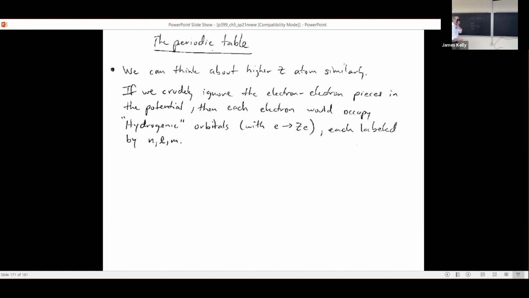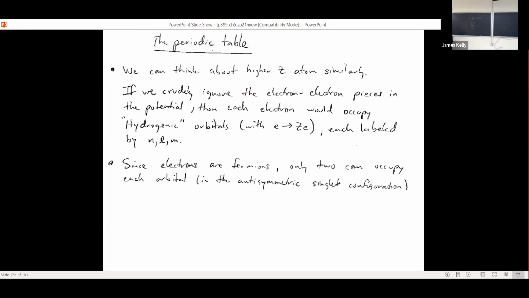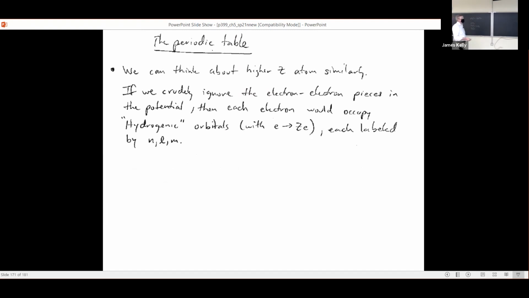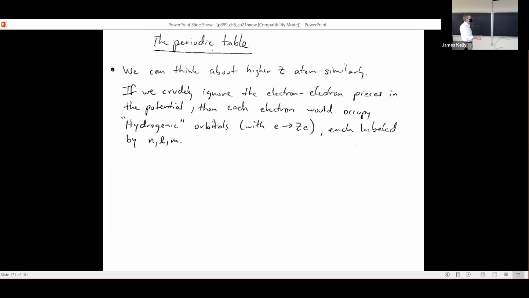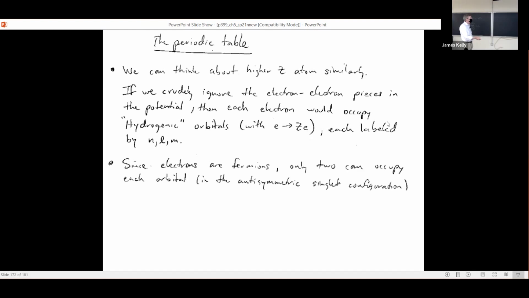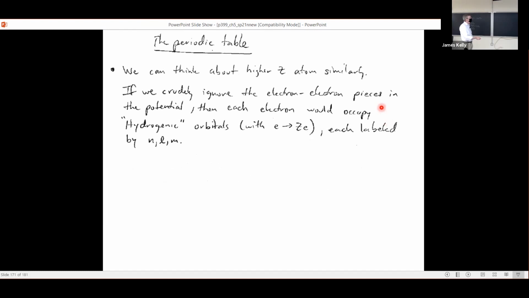Okay, let's now think about building up the periodic table. Again, we're going to proceed the same way just to get a very crude idea. Sorry about that.